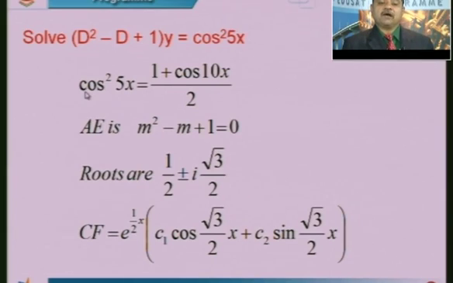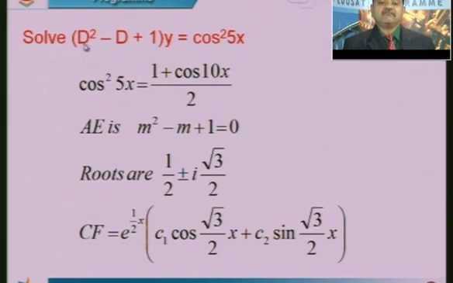We know the formula cos squared a is (1 plus cos 2a) by 2. In place of a, I am having 5x, so 5 into 2 will become 10. So (1 plus cos 10x) by 2. This is your right hand side. Instead of cos squared 5x, this is going to be your right hand side now.